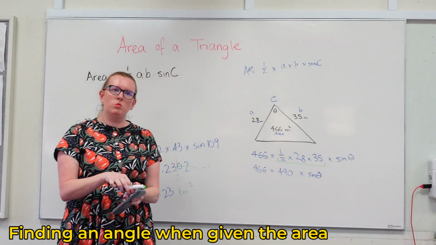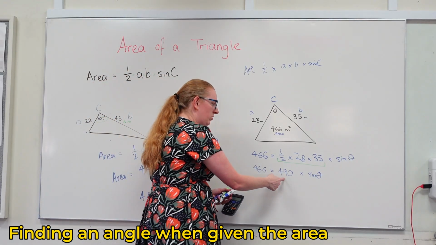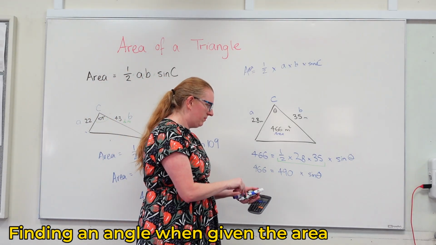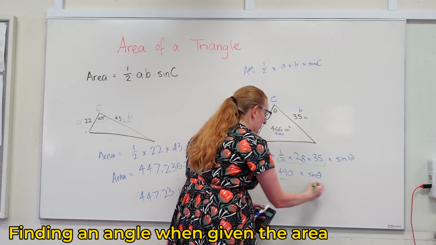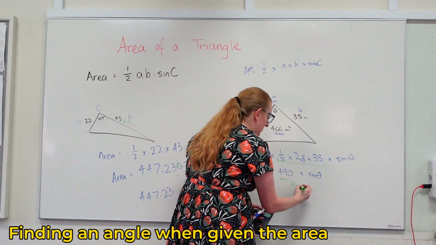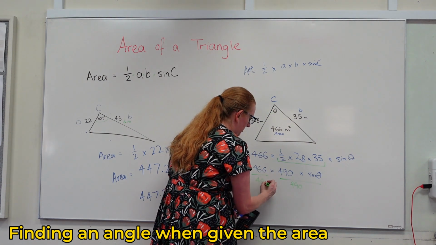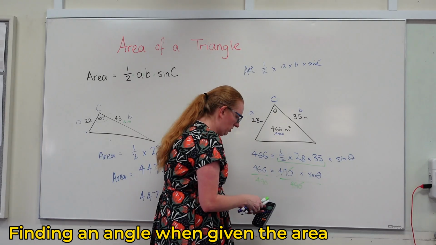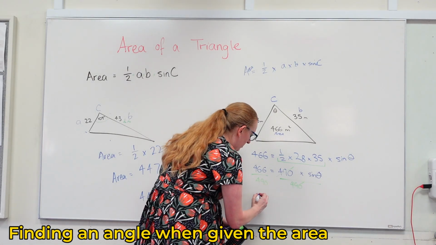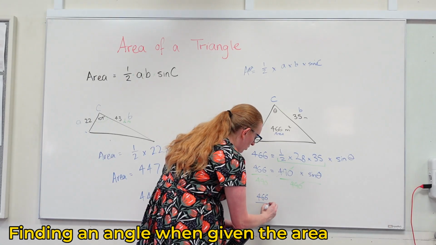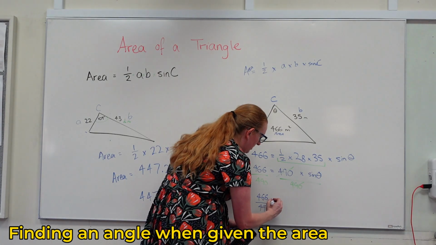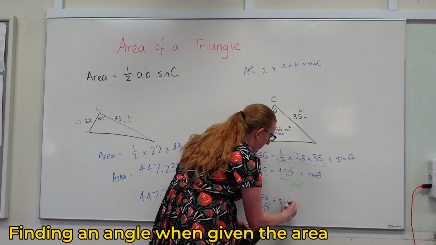Okay, now I want to try and get this 490 over to the other side. So I'm going to divide both sides by 490. Divide by 490. And that will cancel those. So now I've got 466 over 490 is equal to sine theta.